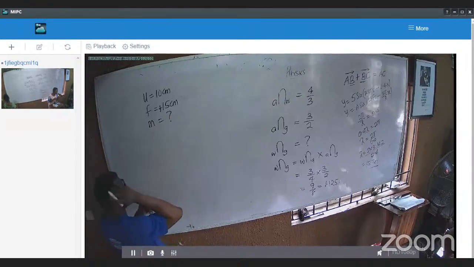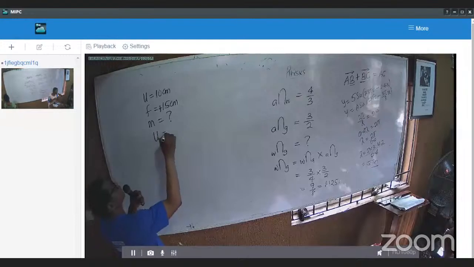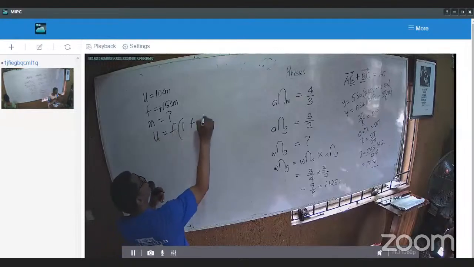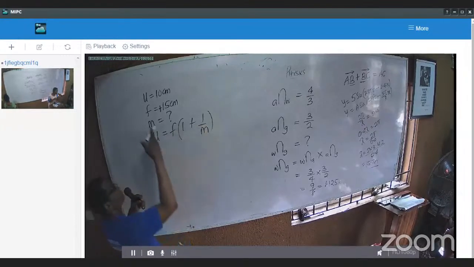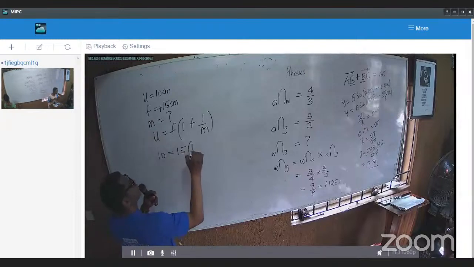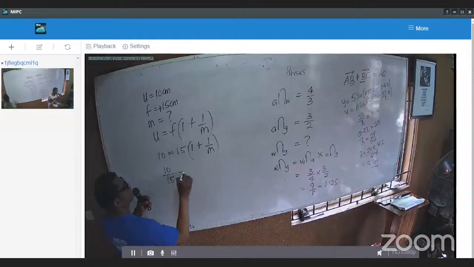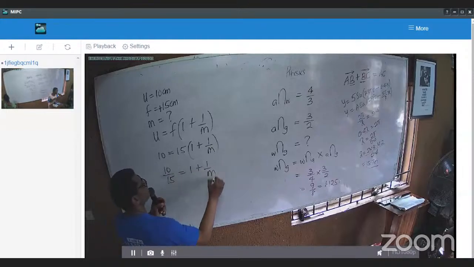So all those small things should be in your mind as you are solving. You want to use the formula that I have given, no problem, use it. If you don't like the formula, go and find V and then use M is V over U. So U is 10, you have 15 here. 1 plus 1 over M equals 10 over 15. What's 10 over 15? 2 over 3.